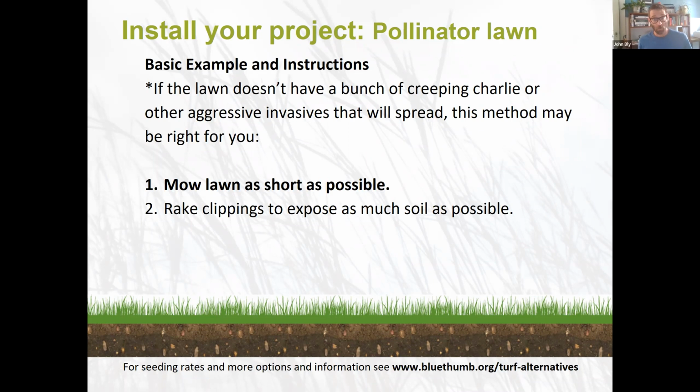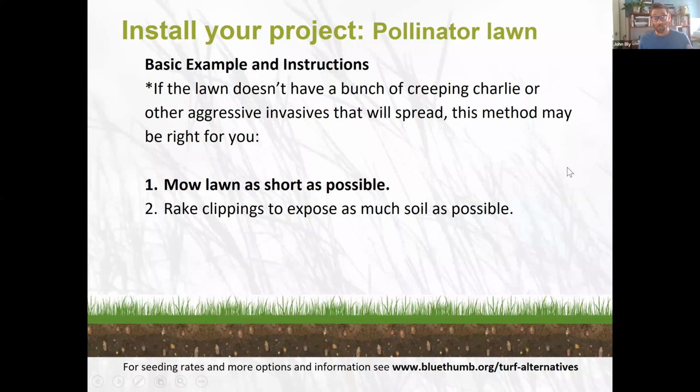whether live or dormant, assuming you have an area of lawn that is free of highly invasive weeds that might take over a newly establishing bee lawn, you can simply just mow your lawn as short as possible for a first step.